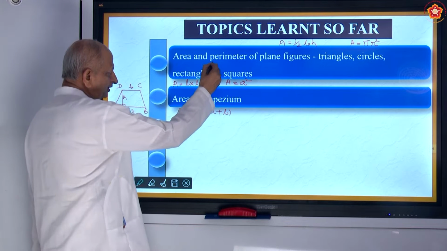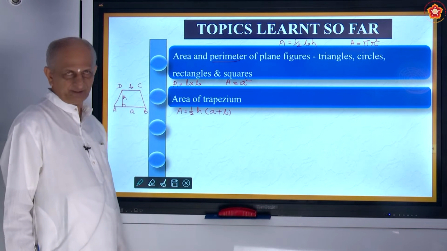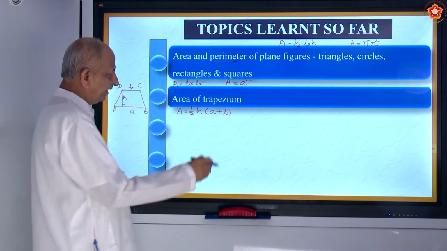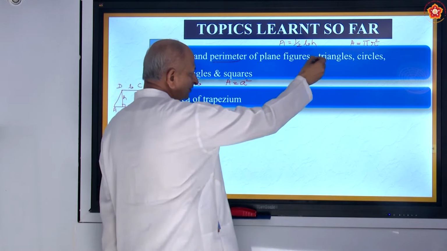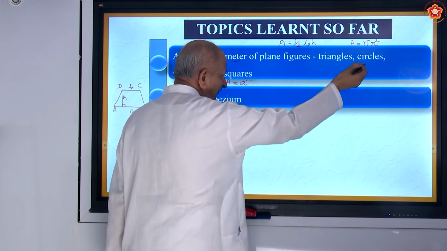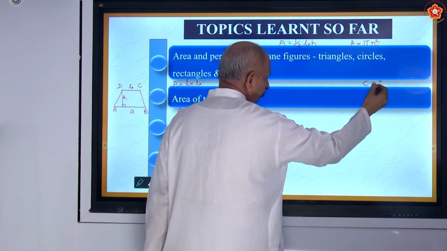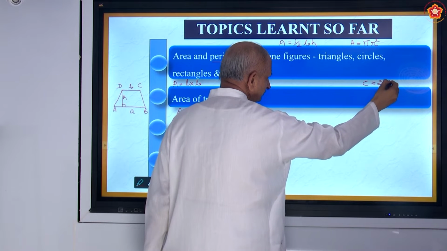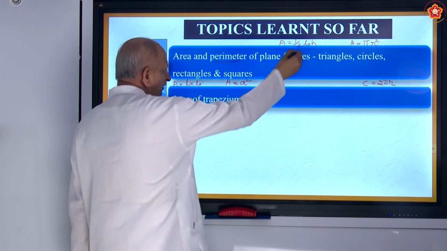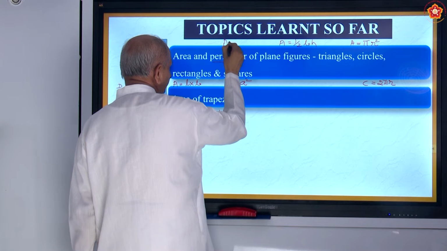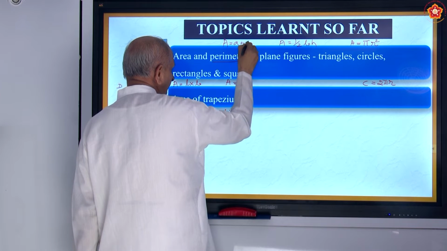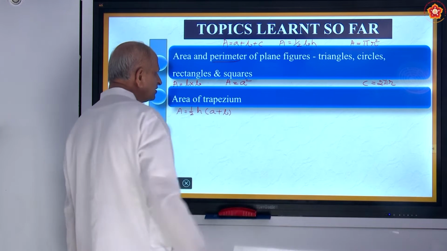And here also we studied perimeter of plane figures. What is perimeter of triangle? Sum of the three sides. Perimeter of circle, if you call it as C, it is 2 pi r. Here it is sum of the sides. Suppose you say ABC in case of scalene triangle.